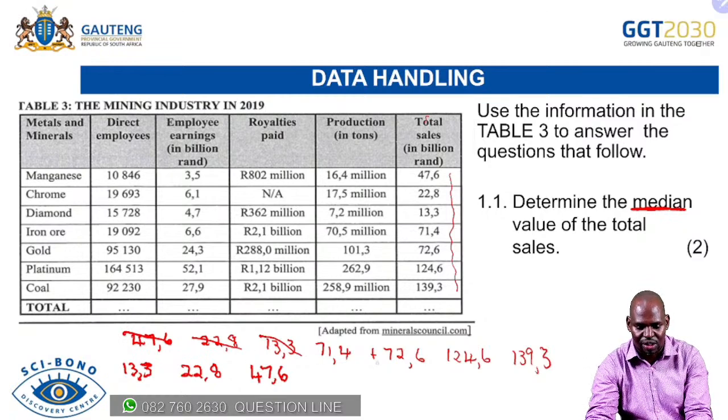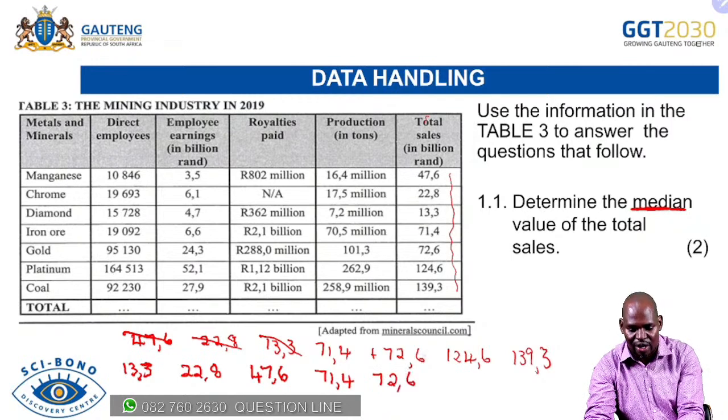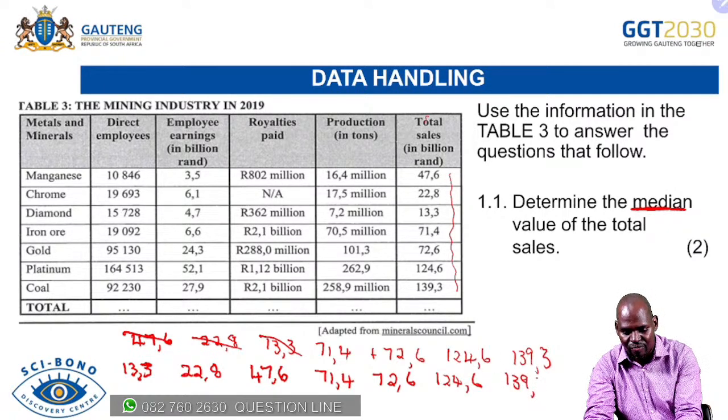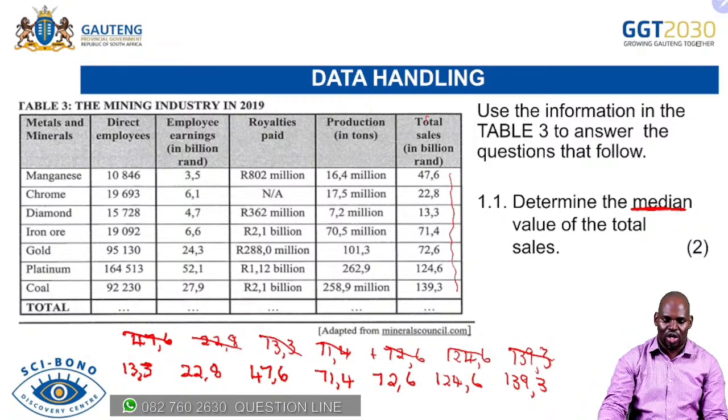After 47.6, we've got 71.4, and then we've got 72.6, we've got 124.6, and then we also have 139.3. Let's just cancel these ones just to show that we rewrote them.